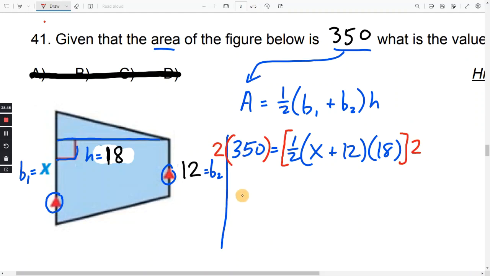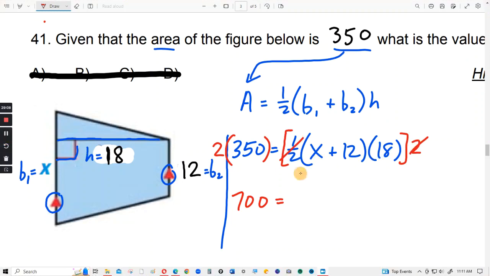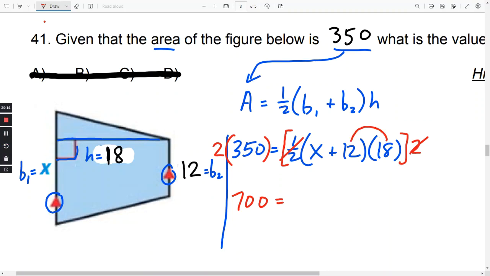Alright, 2 times 350 is 700. And like I said, these are all multiplied, so the order you multiply doesn't matter. So you don't have to distribute. You just take the 2 and multiply it by any of these terms. So 2 times 1/2 cancels. That's the most convenient. And we're left with this right here. Now 18 times x plus 12, we do have to distribute. So first I'll do 18 times 12.